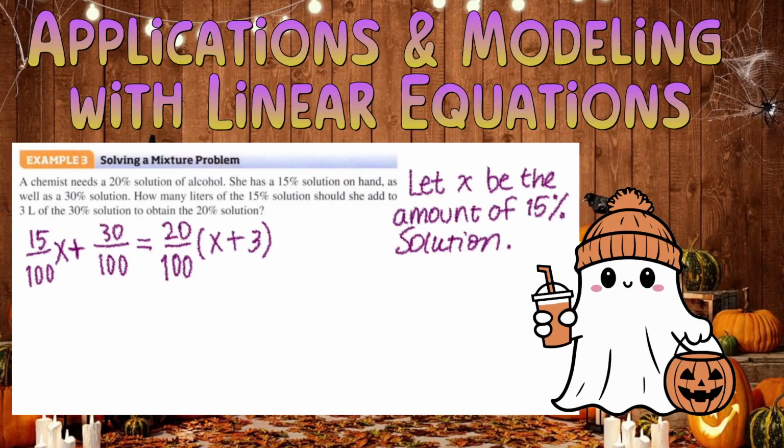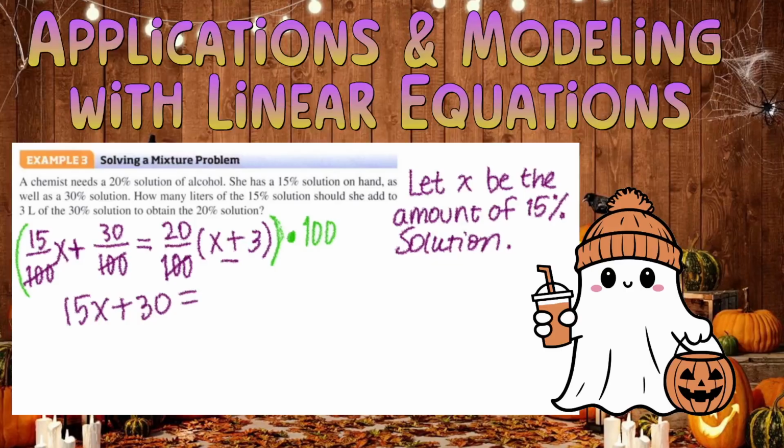Now I'm going to start by doing what I always do and getting rid of the unnecessary fractions. So I'm going to multiply both sides by 100 to clear them out. What does that leave me with? I'm left with 15x plus 30 equals, now the 100s are gone.